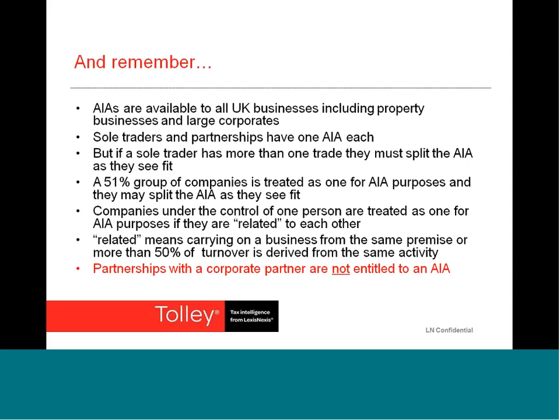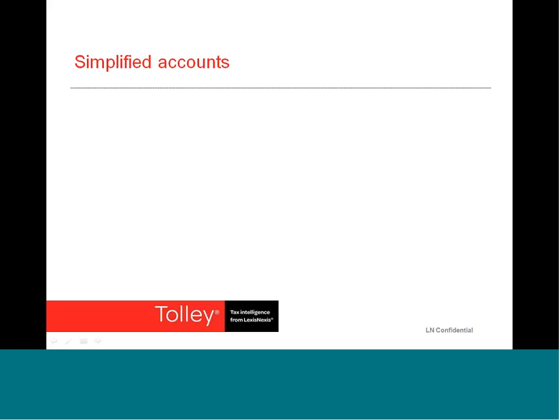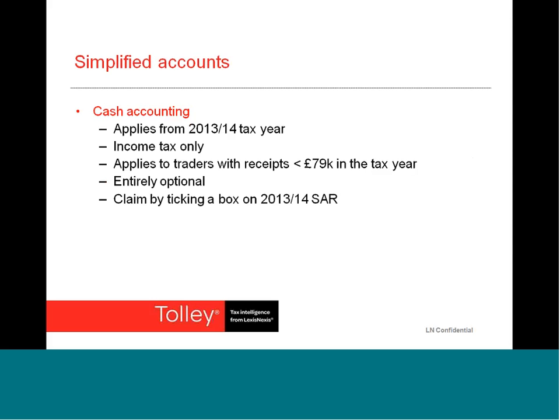So that's our AIA. Now, with the Finance Act 13, two new things were brought in which are aimed at smaller businesses, sole traders, partnerships, to help make life just a little bit easier for them. The first thing is called cash accounting. So it applies from our tax year 13-14 onwards in the exam. As I've said, it's income tax only, so you're just looking at sole traders, partnerships.